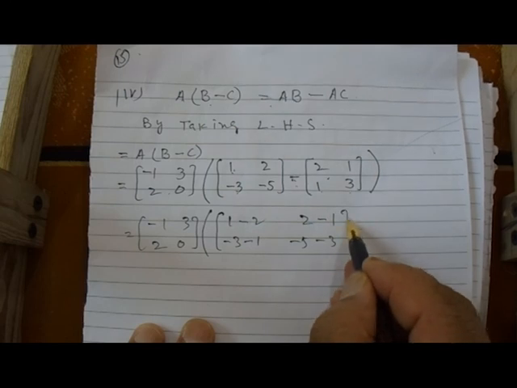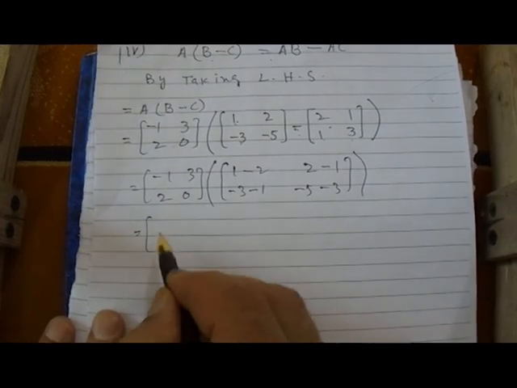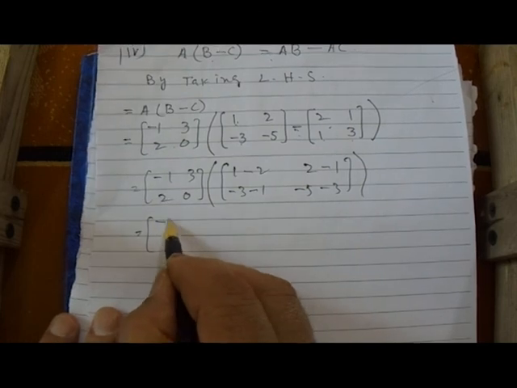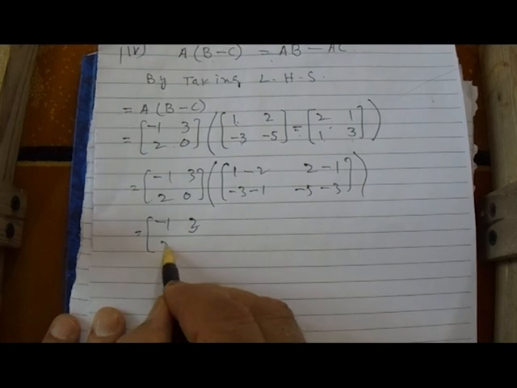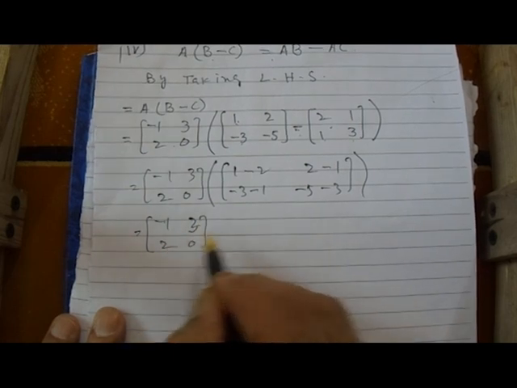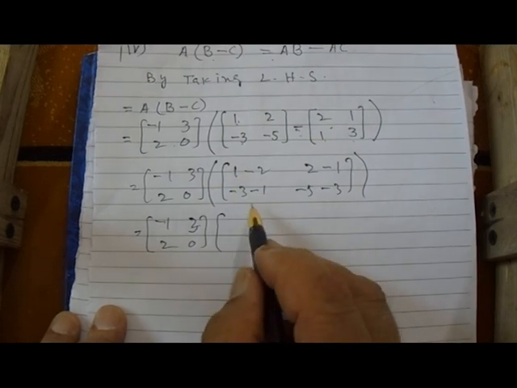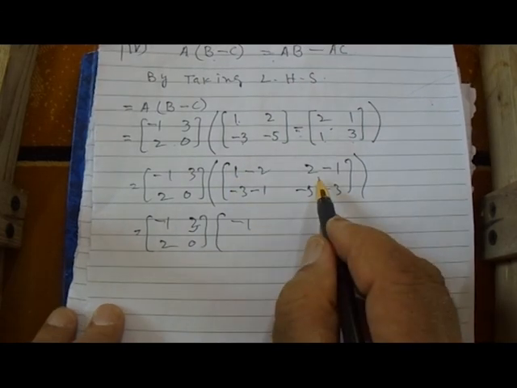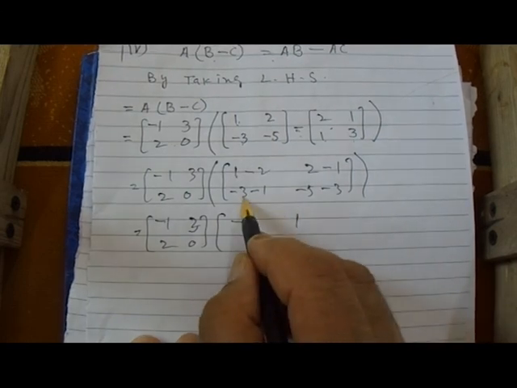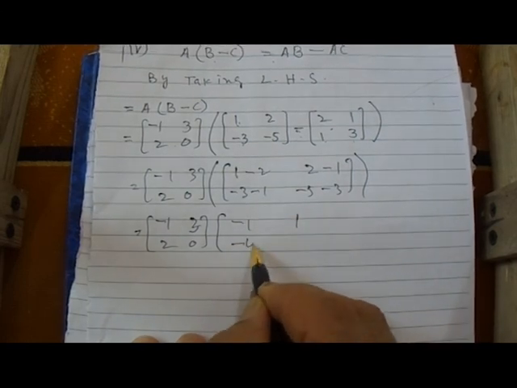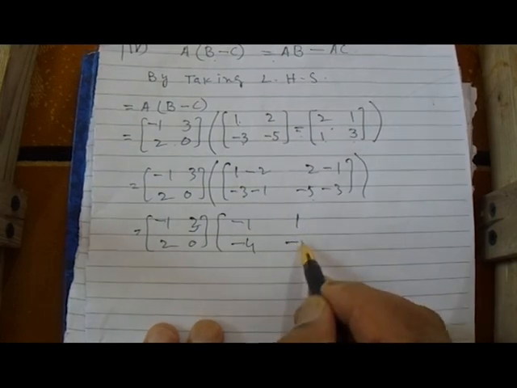We write this matrix like this, equal to our A matrix, minus 1, 2, 3 and 2, 0. So 1 minus 2 is minus 1, 2 minus 1 is 1, minus 3 minus 1 is minus 4, and minus 5 minus 3 is minus 8.